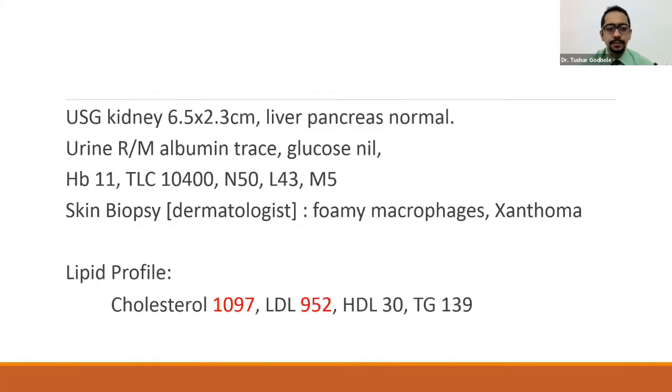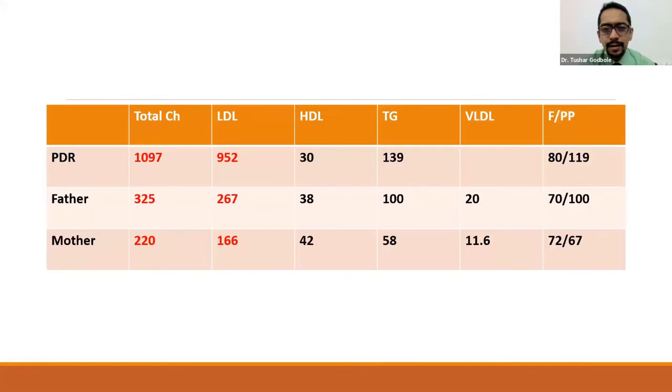So we did his lipid profile to find that cholesterol was more than 1000 with an LDL of 952. So this was indeed very, very elevated LDL, giving rise to those xanthomas. We did his parents' lipid profile, and the parents also had a moderately elevated total cholesterol as well as the LDL.